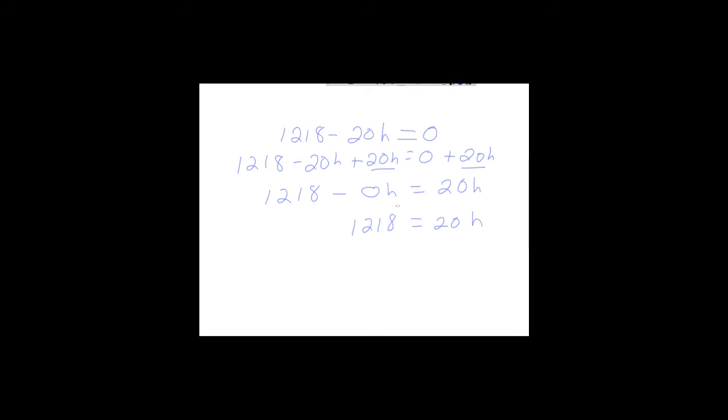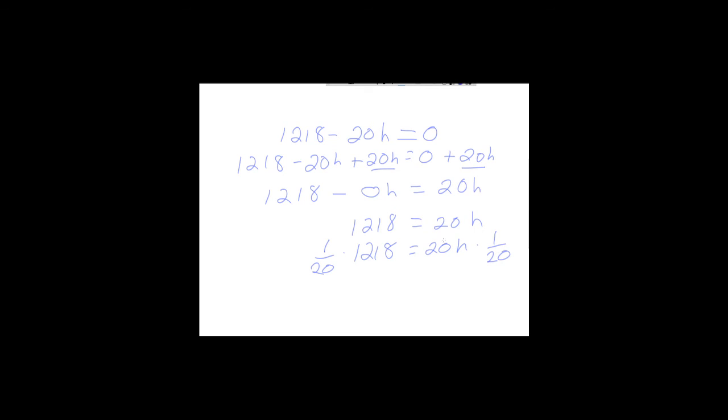See what you can get there. So let's see, 1,218 divided by 20. Oh, not quite, just a little over 60, sorry. So let's see what we did here. We have to divide both sides, so that would be 1 over 20 times 1,218 equals 20h times 1 over 20. 20 over 20 is just 1.